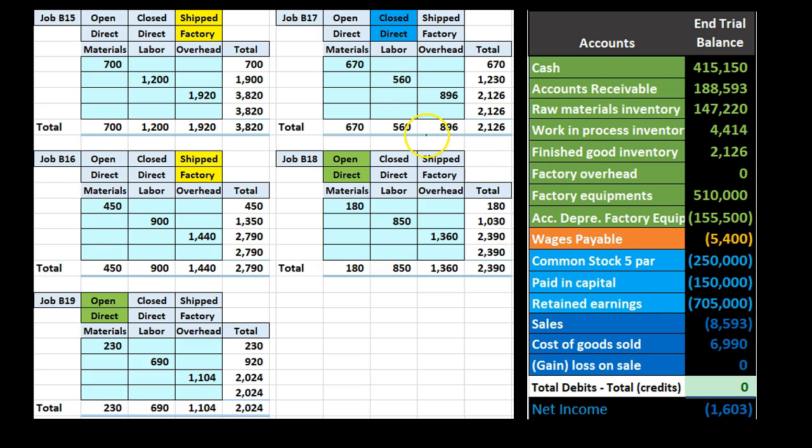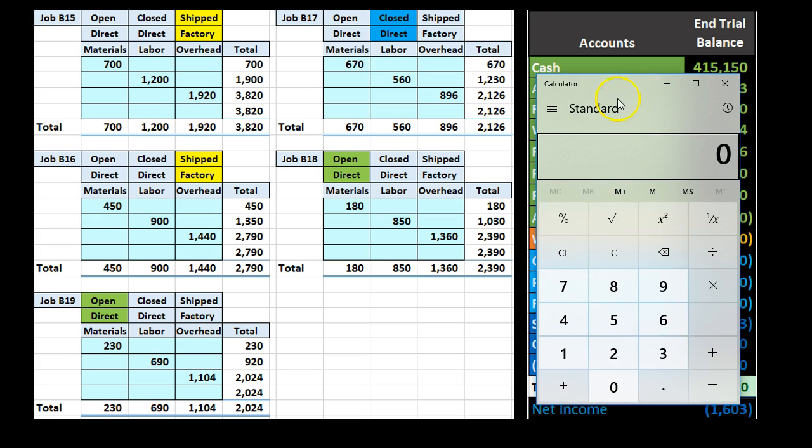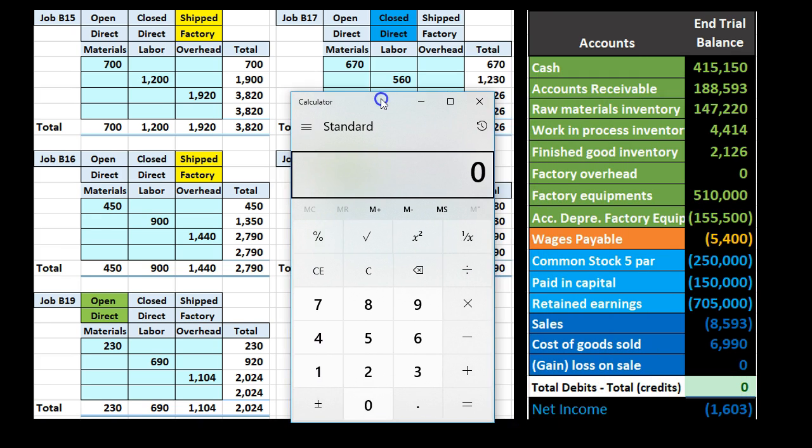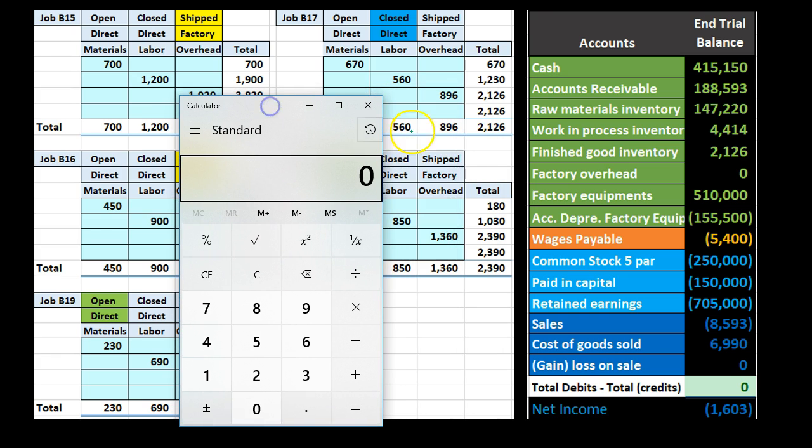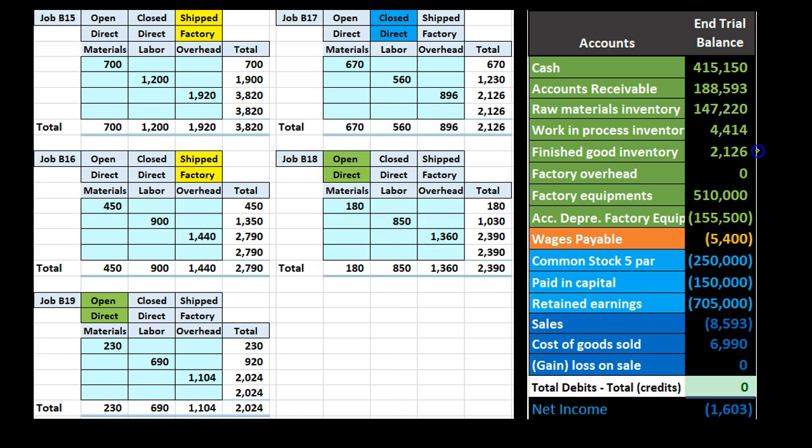So if we look at our completed worksheet here and related to our trial balance, we can still tie this information out to what we have now. So our closed jobs is just going to be this 2,126. That's the only one that's still closed but not shipped, and therefore still in the finished goods.